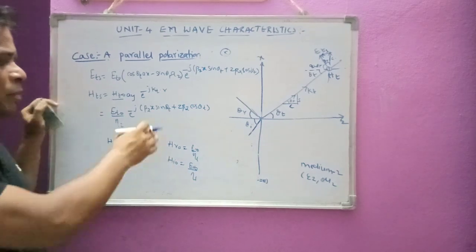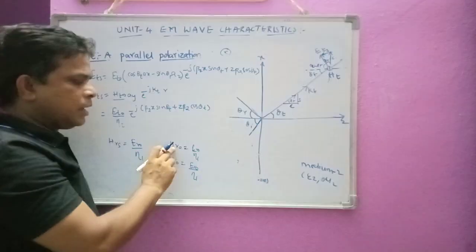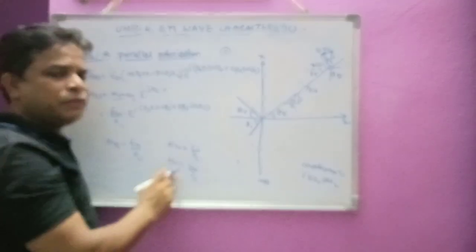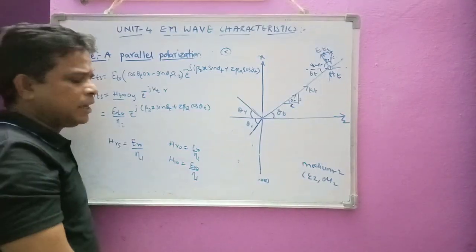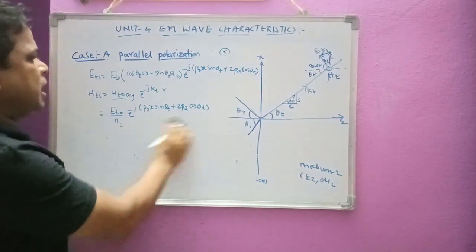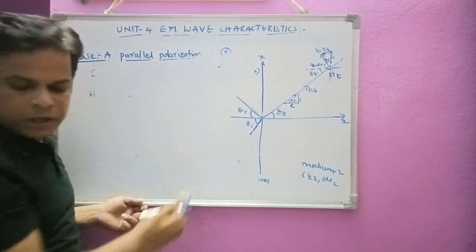That's all. I forgot to change the equation of the magnetic field to electric field. We know this relationship between electric field and magnetic field, so you try to substitute and keep the equations in the final form. Those are the equations we have got.